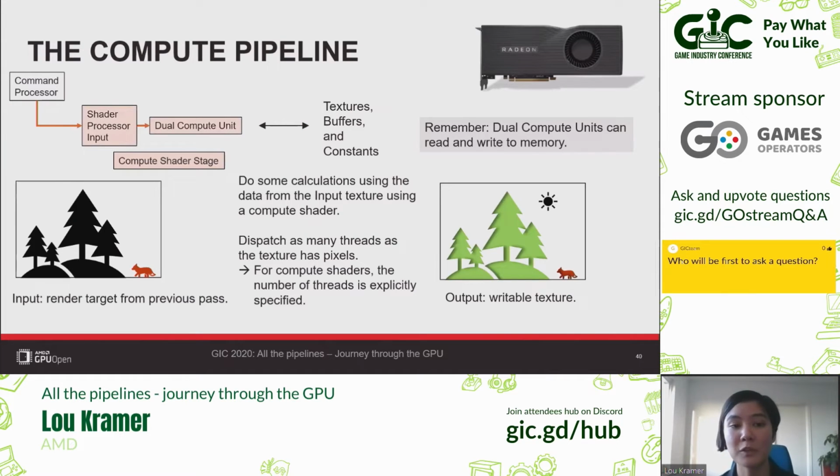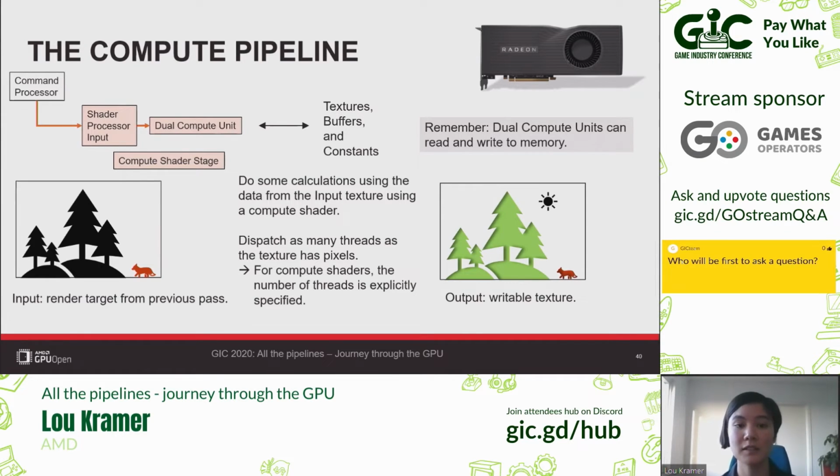Another way to solve this problem is therefore not using the graphics pipeline, but the compute pipeline. Because in the compute pipeline, you can explicitly define how many threads you want to invoke. And here you can basically translate threads into pixels, because each thread will basically compute one pixel output color. So as input, you have, again, your render target.